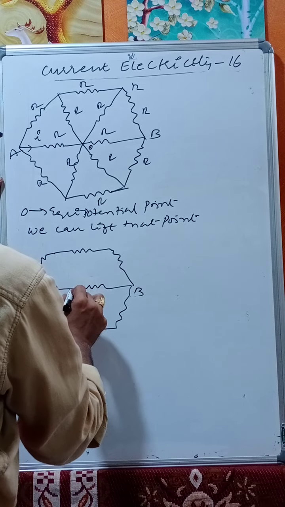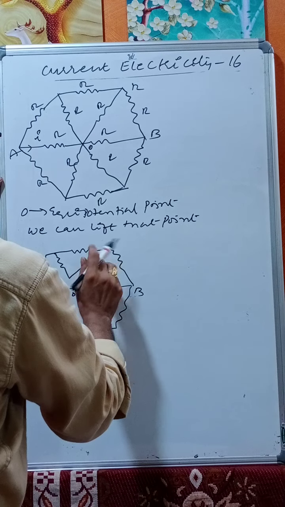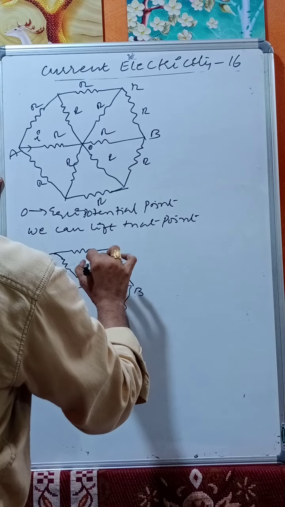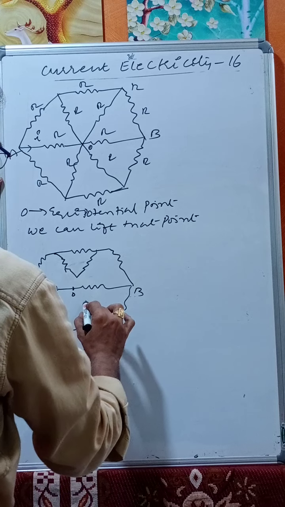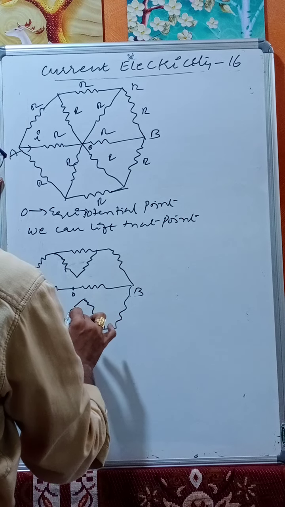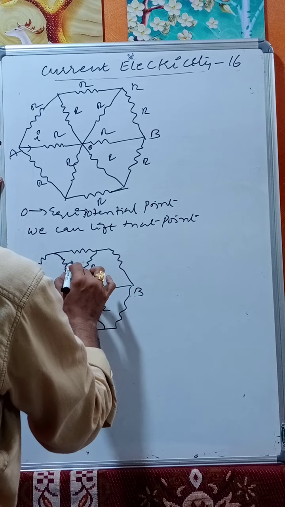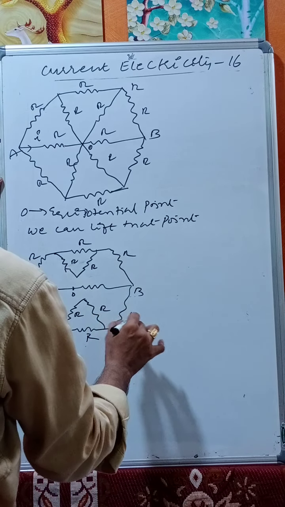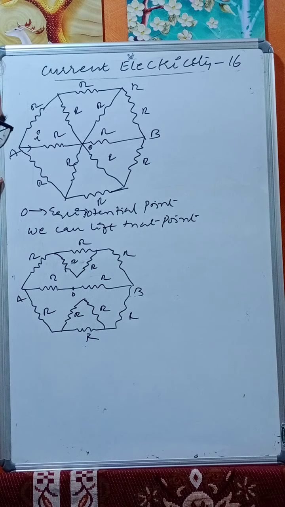Now we have to lift this point. Now this point is O. I lift this point. Similar here also. This is R, R, R, R, R, R, R. We have lifted that point O. Then what happens?